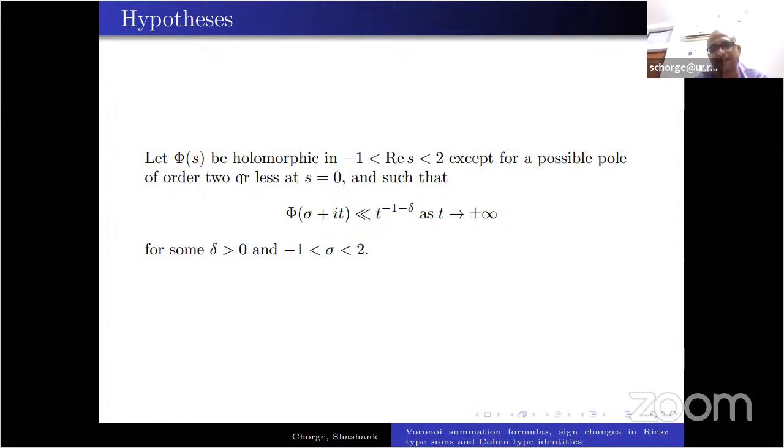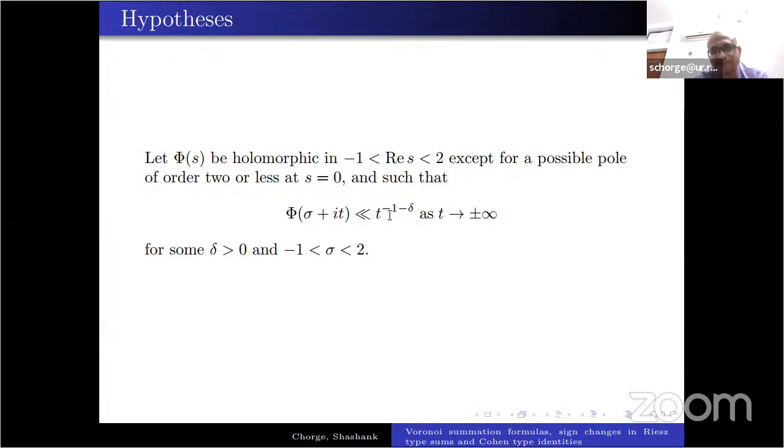Here, we are letting it have a pole because a lot of Schwarz type functions and a lot of Riesz type functions have a pole at s equal to 0. And we wanted to include those functions in our formula. That's why we reduced the restrictions on phi of s. So I just wanted to point it out.